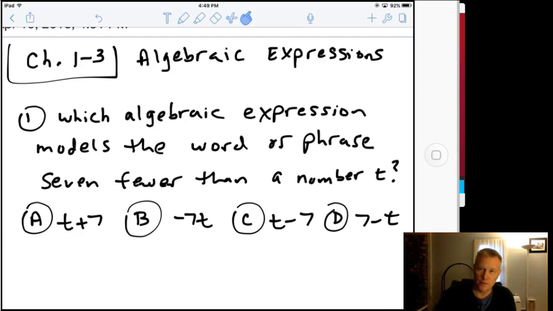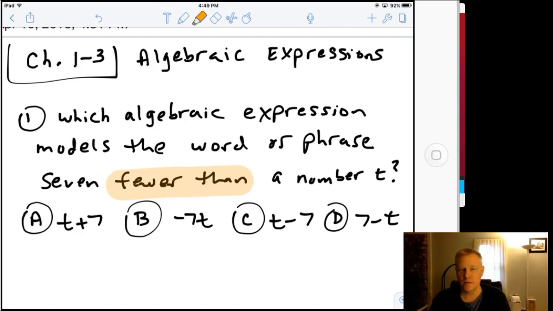This one's a little tricky because when I say 7 fewer than, the words fewer than imply subtraction, okay? However, if I said I had $7 fewer than you and you have $20, that's not 7 minus 20, because that would give me negative 13.